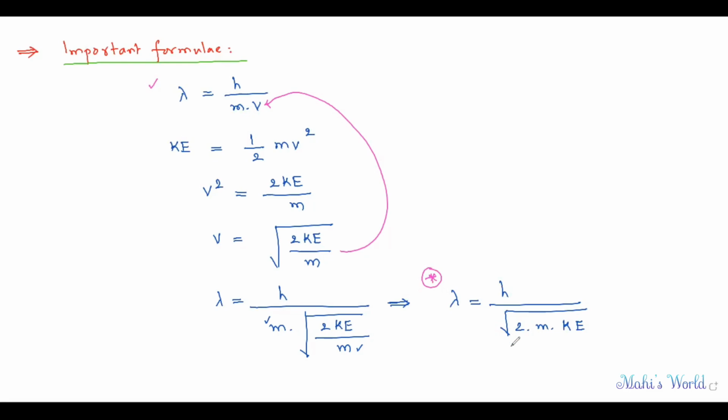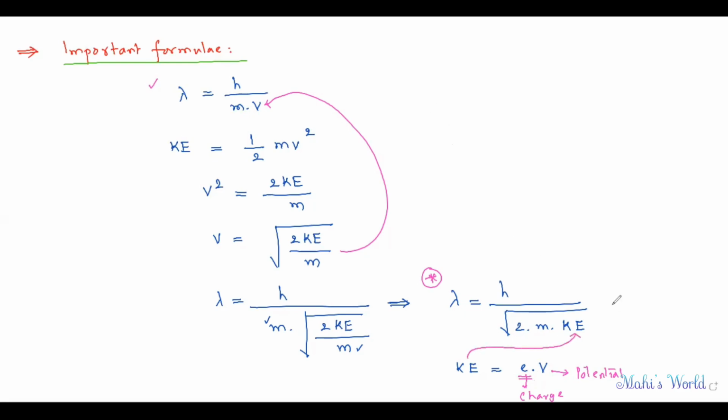Now, we know that kinetic energy, in general, energy is equal to charge into potential. So let me write it as E into V. Kinetic energy is equal to E into V. This, of course, is charge, and V, of course, is potential. Now, let me substitute this in this expression.